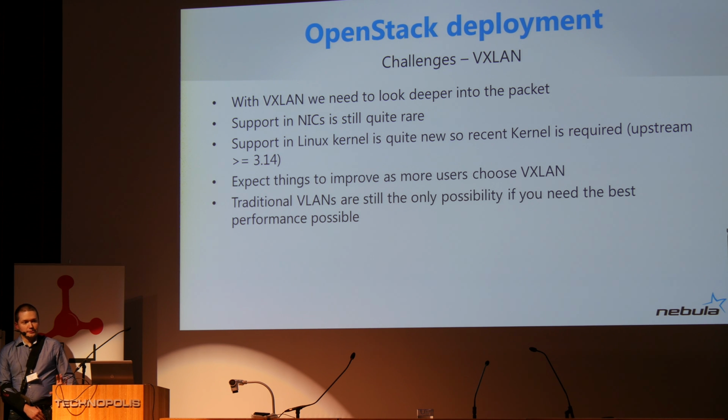Besides that, you need a quite recent Linux kernel to support it, at least upstream version 3.10. But these things tend to improve as more people start using VXLAN. But even with further acceleration, if you need the absolute performance, you're still stuck with VLANs, especially if you don't like to do SR-IOV virtual functions and stuff like that.